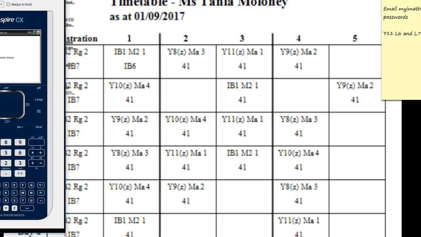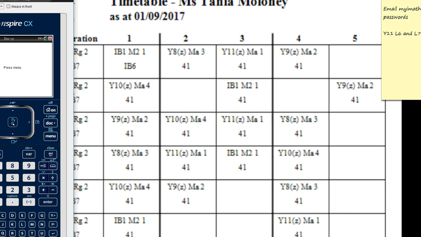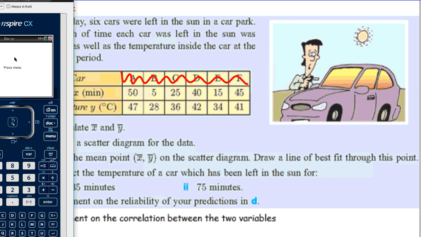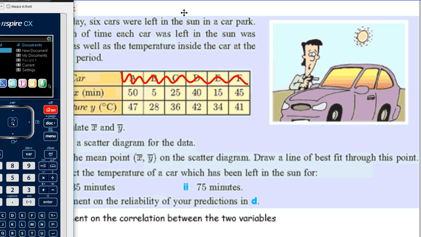Can you remember back to your activity, how you actually go and calculate the mean? So of course you need to switch on, which is very important.